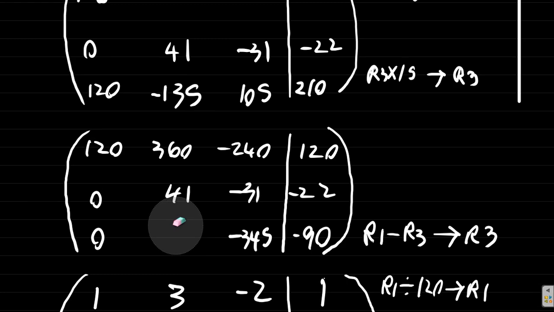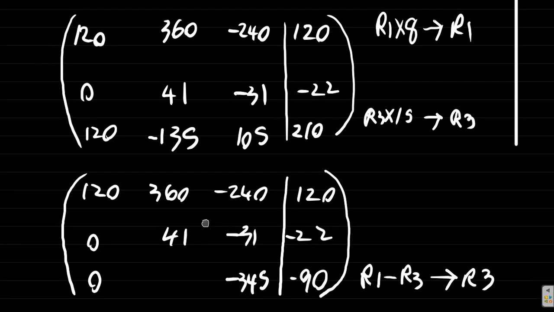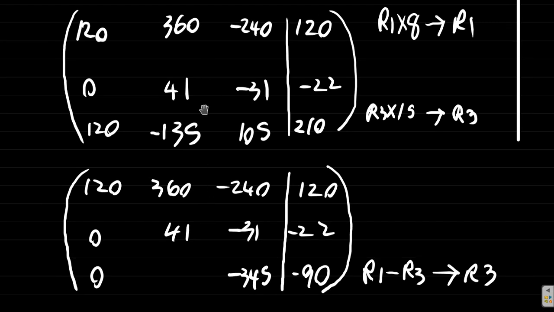Made a mistake here. 360 minus negative 135 will be 360 plus 135, 495. This should be 495. Oh, I have 360 minus negative.